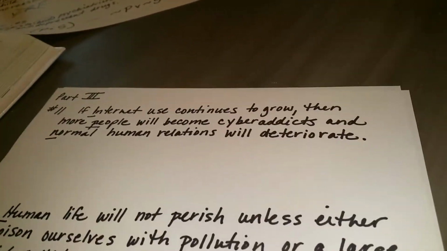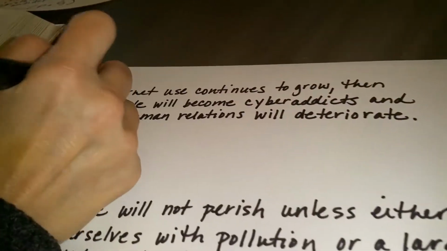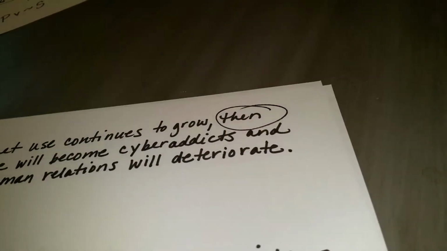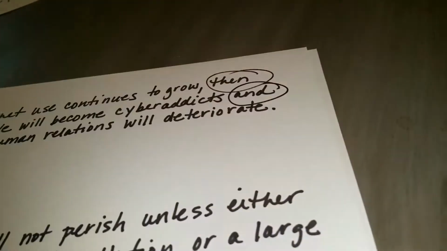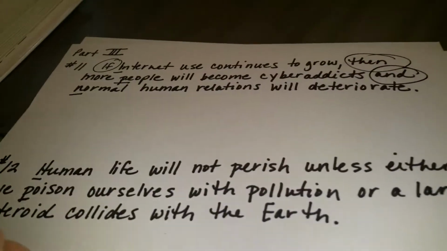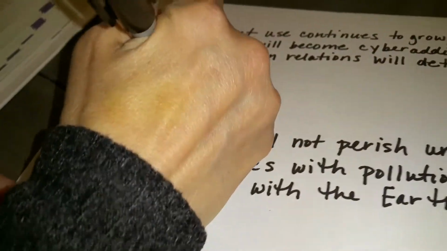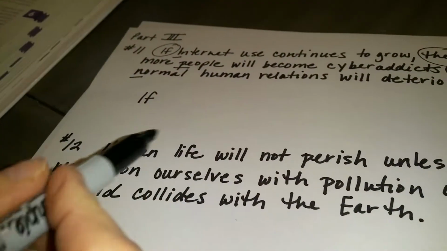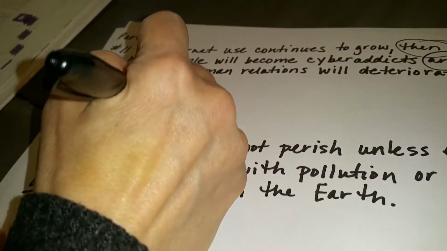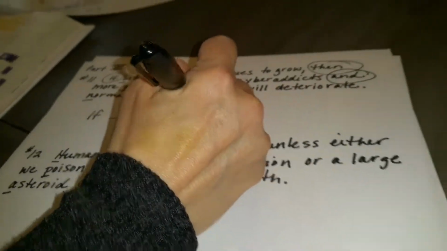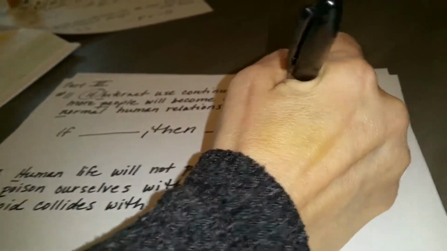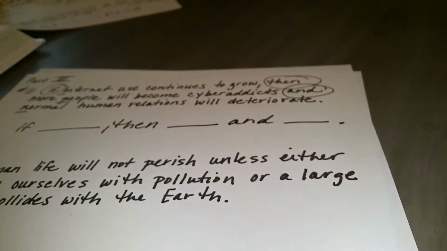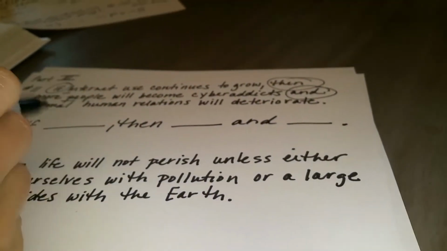Okay, so in this one you have an if-then statement, you can see that, and you also have a conjunction. So what I like to do in this kind of case is, if I have if, then, and that compound statement, here's what this looks like. Okay, and let's take a look here.